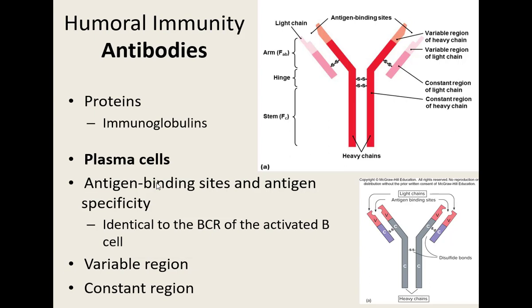It's just those hands that are changing. So the variable regions are at the very top where you have the antigen binding sites. And the constant region, the C stands for constant, is the other part that really has no association with the antigen itself. It's just the rest of the antibody, but it's not doing a lot.